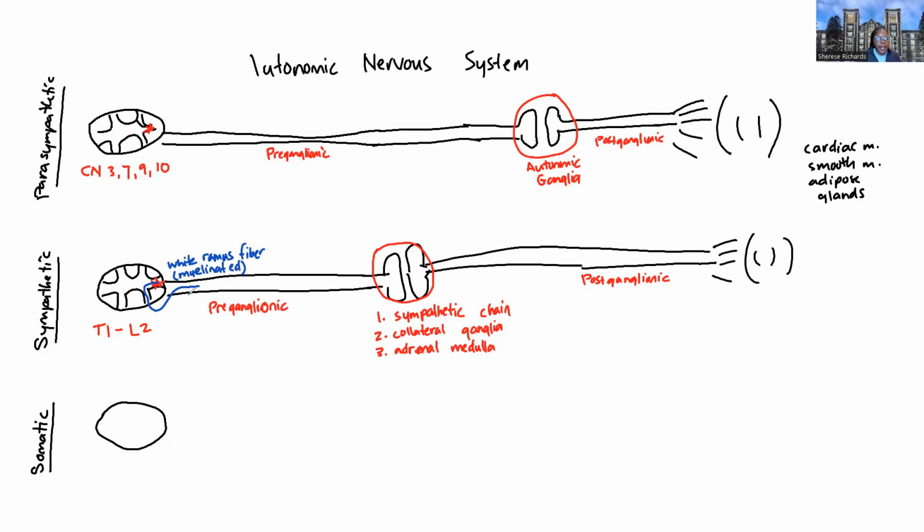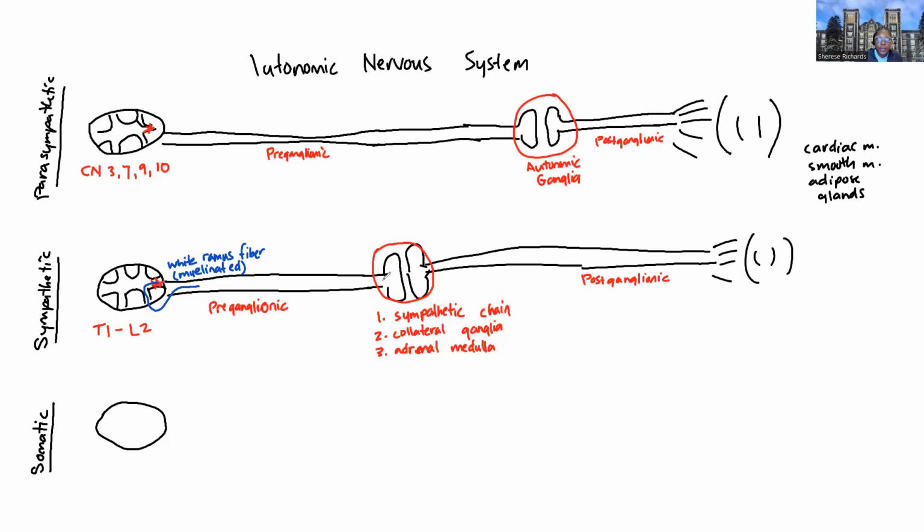Okay. It's going to enter the preganglionic neuron, travel to the ganglia, and then at the ganglia, it's going to synapse, but then re-emerge into the postganglionic neuron. And in that instance, it's going to become a gray ramus or a non-myelinated fiber. All right, so let's change the color here.